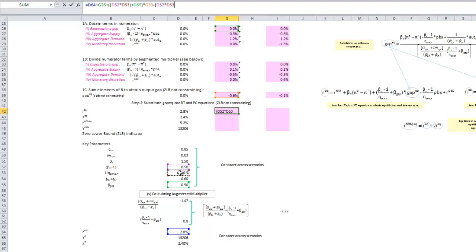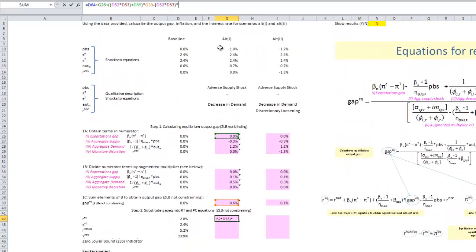So I'm taking beta minus 1 and multiplying it by the inverse of the elasticity of supply, short run, and then I'm going to take that whole term and multiply it times our supply shock that we had upstairs, that's this one here, and then I'm going to add on our discretionary element.